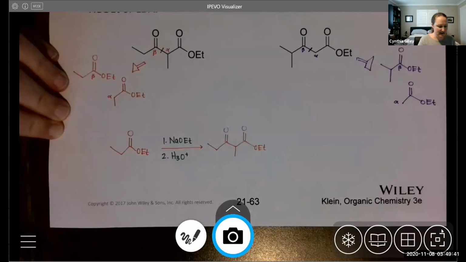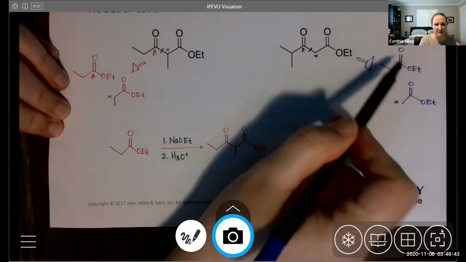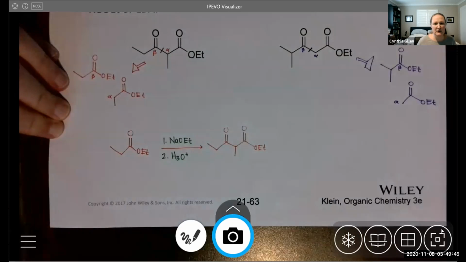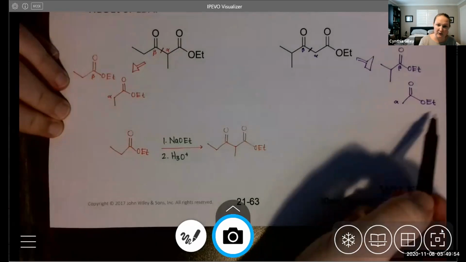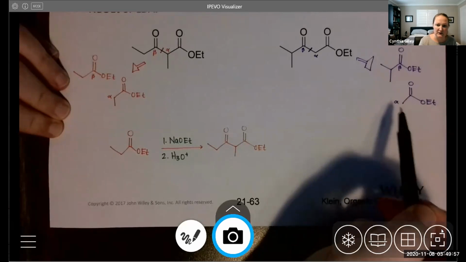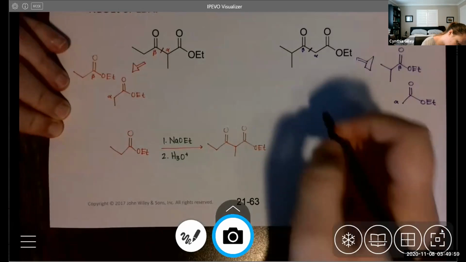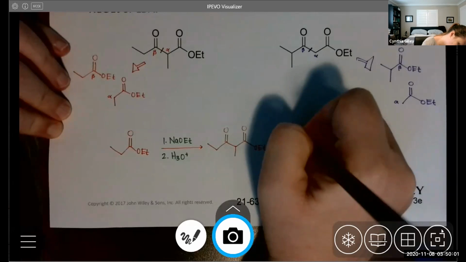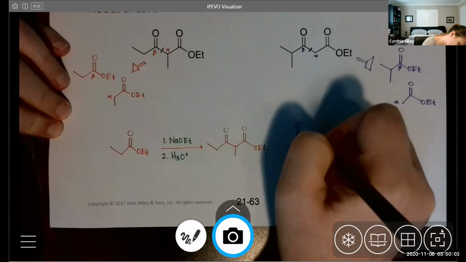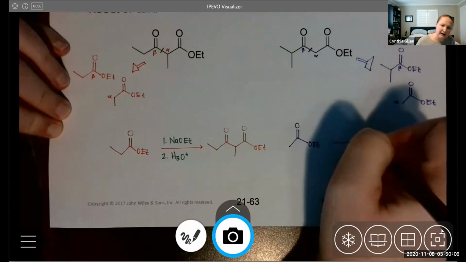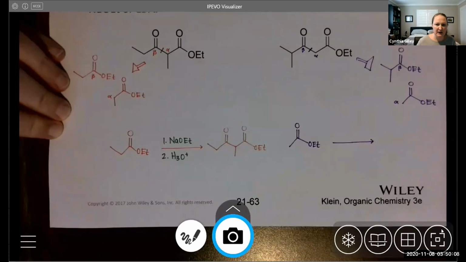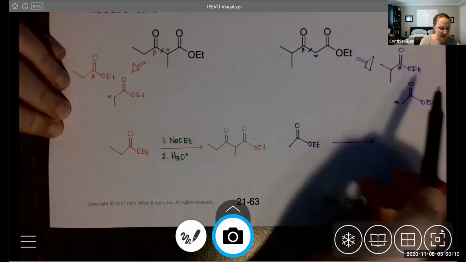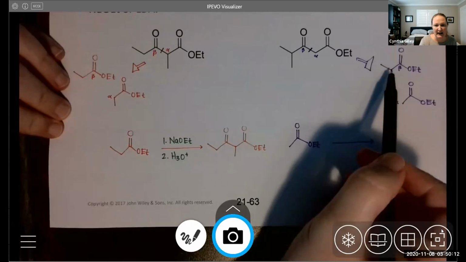So notice now that the two esters are not the same. So in this case, we do need to perform a crossed Claisen condensation. So the idea behind a crossed Claisen condensation is to start with the ester that's going to form the enolate, which is this one. Draw that one in. And then ask yourself, does the other ester have an alpha hydrogen?